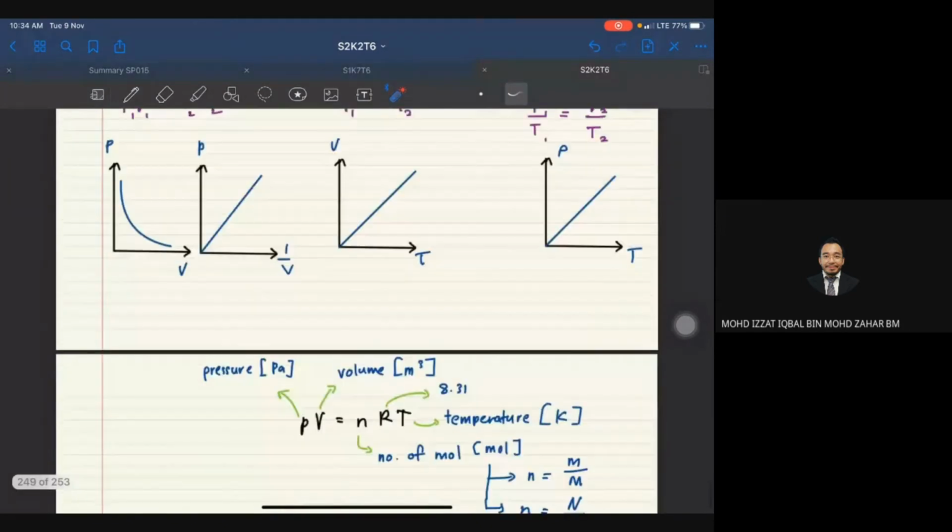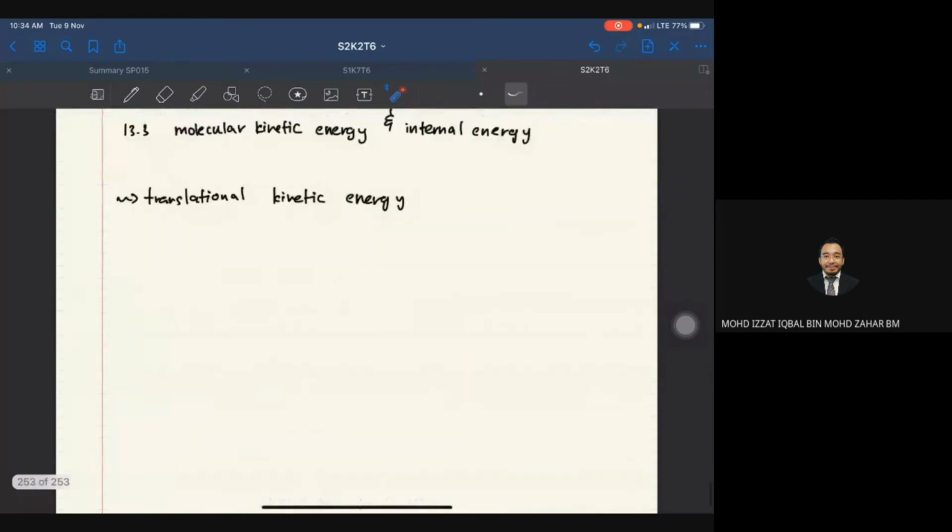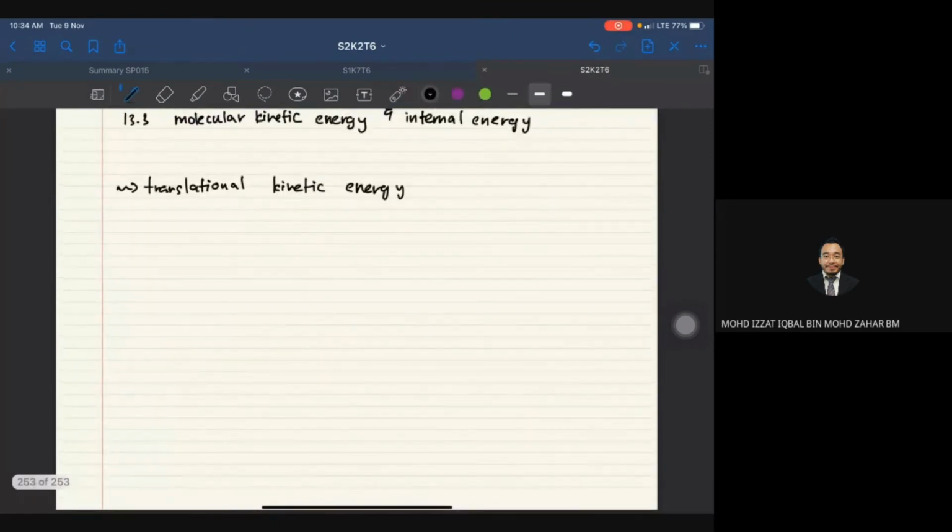Okay. First of all, you guys need to understand what is translational. Translational ni adalah dia macam linear punya speed. Okay, so if I want to assume that I have the molecules, katakan molekul saya adalah H2O, H and O. Okay, this is my molecule.